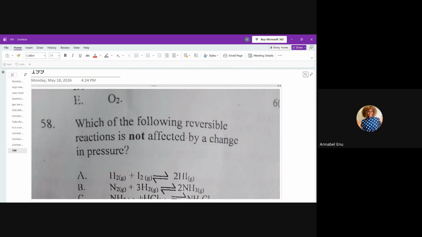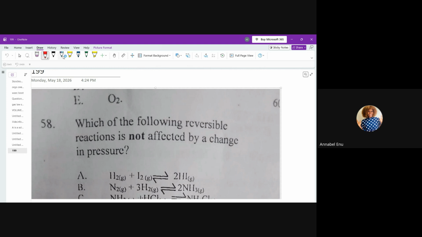They move at the exact same rates. That's what causes the equilibrium. That's what equilibrium means: equality. So the rate of forward and rate of backward are equal.